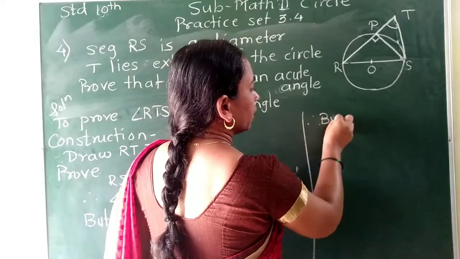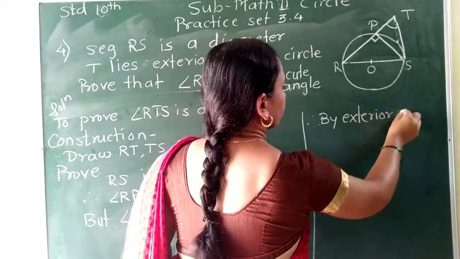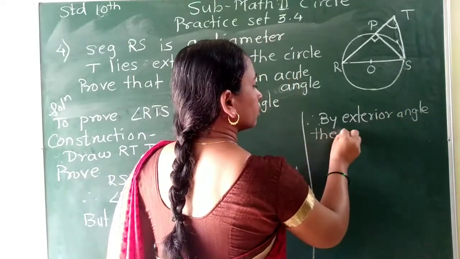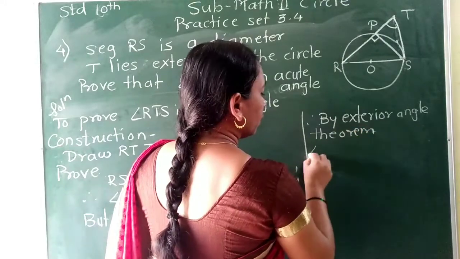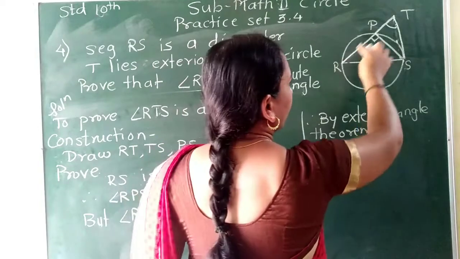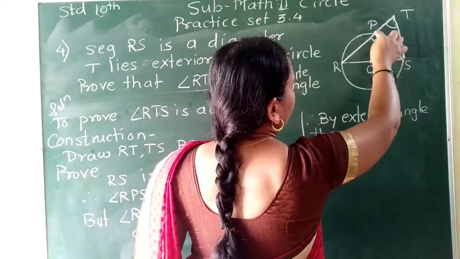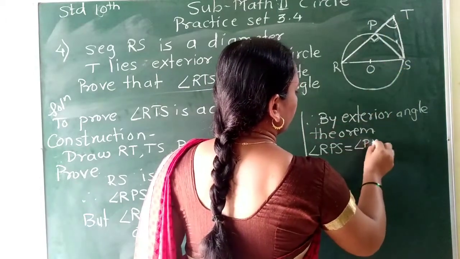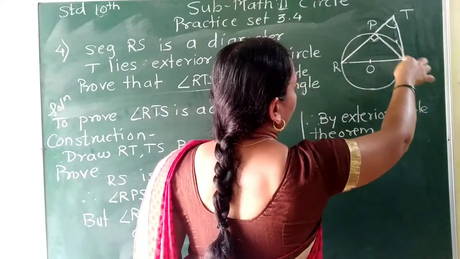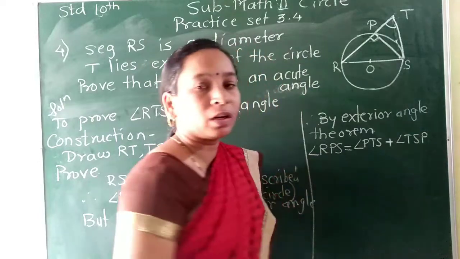Therefore, by the exterior angle theorem, angle RPS is equal to angle PTS plus angle TSP, the remote interior angles.